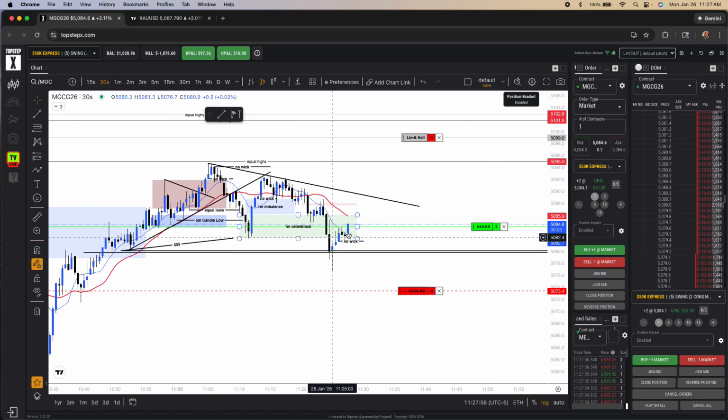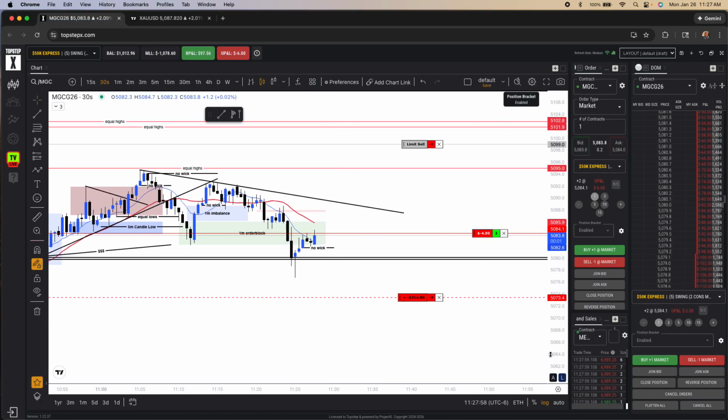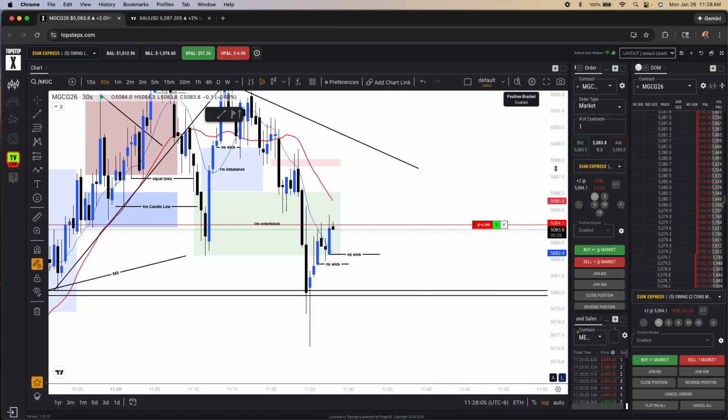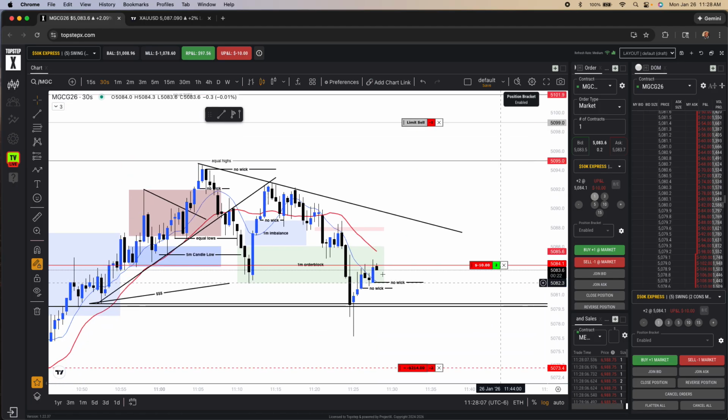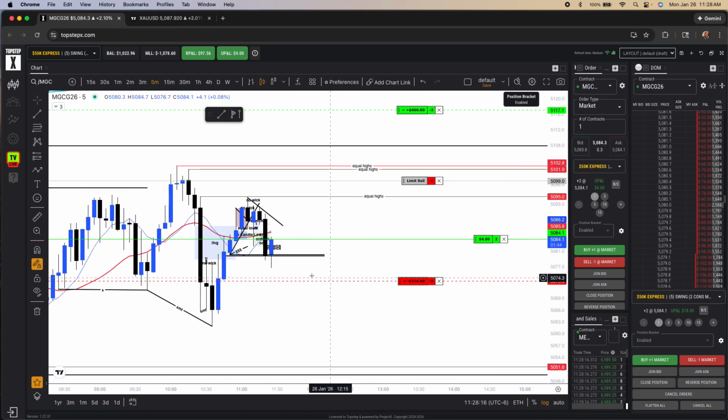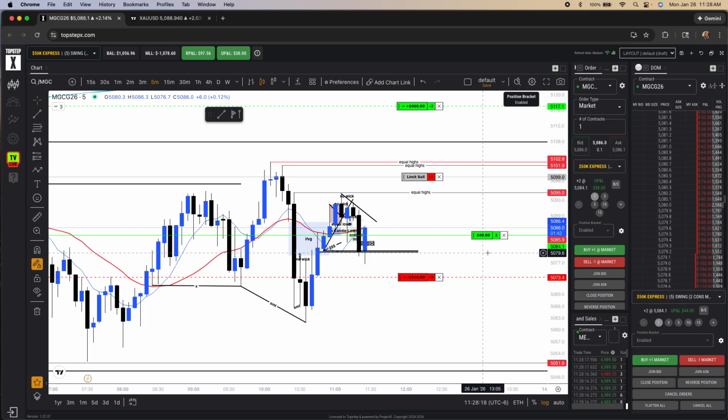Hold up. There's no wick on this 30-second candle either, so I don't like it, like I said. But we don't always immediately come back for those. Like, we could set it, push off, and then come back for it later. So 5 minute looking solid.